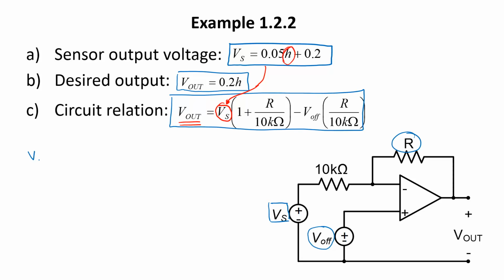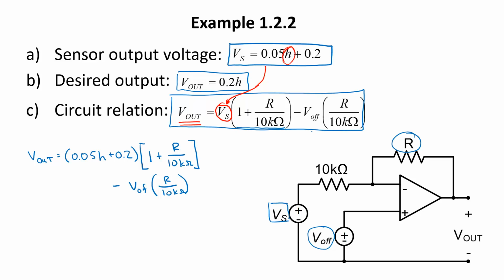Doing that gives us V out is equal to Vs, which is 0.05 h plus 0.2, times this expression here, 1 plus R over 10 kiloohms, minus V off times R over 10 kiloohms, this term here.